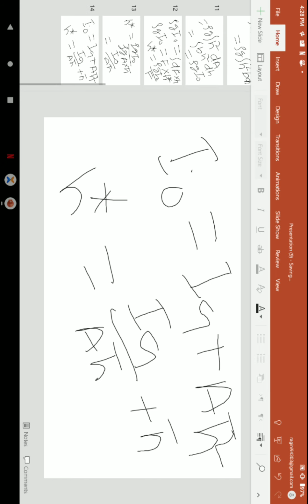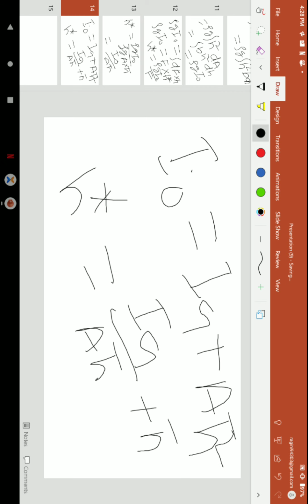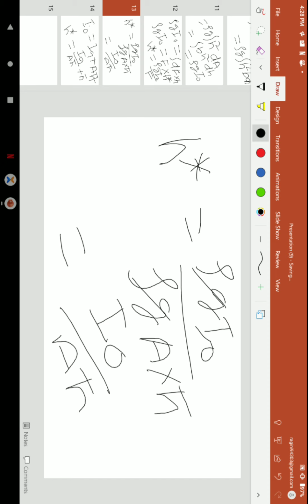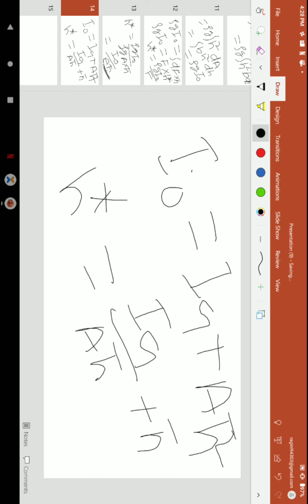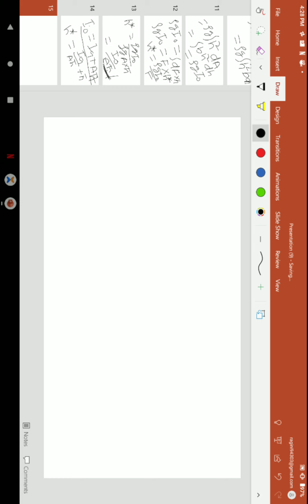I think I have to show you it again. We have to replace I naught in this equation with Ig plus A h bar square.